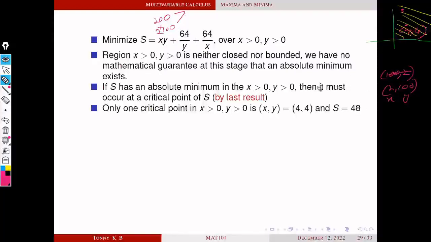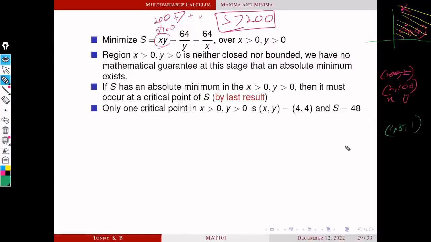Then we have two more terms, so 200 plus a positive quantity plus one more positive quantity. So ultimately the S value is greater than 200. So it is clear that this point is not a minimum point.